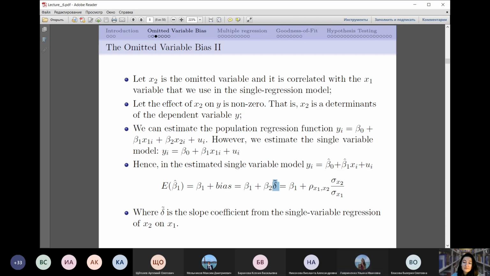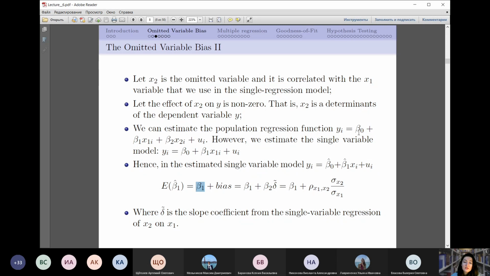So the first case, when beta1 will be unbiased, is if beta2 is zero, so x2 has zero effect on your dependent variable.